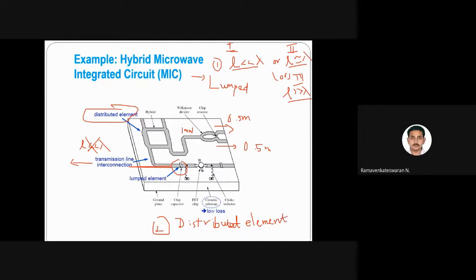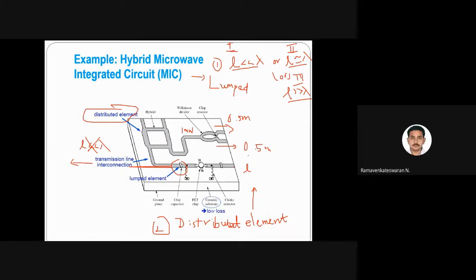If you understand what this does, whoever asks, you can easily answer, even if someone is waking up in the middle of sleep. If you are asked what is lumped, what is distributed, you are able to tell with confidence, with the backing of understanding of the concepts, immediately. So that is the idea. So these are distributed elements.